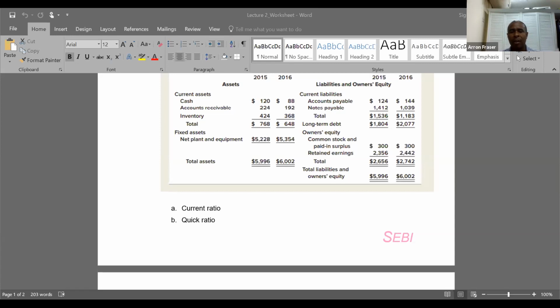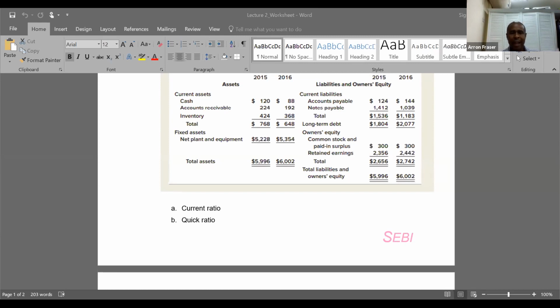So for every dollar of current liabilities, we only have 55 cents of current assets. And in the quick ratio, for every dollar of current liabilities, we only have 24 cents.